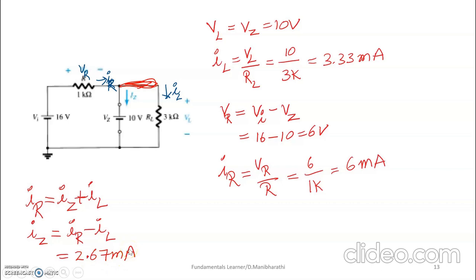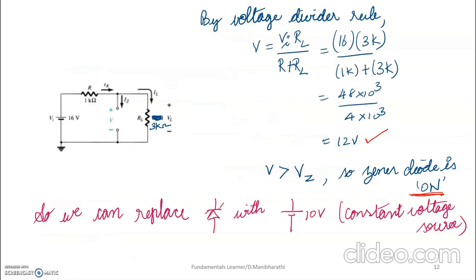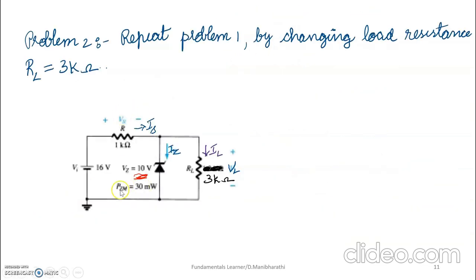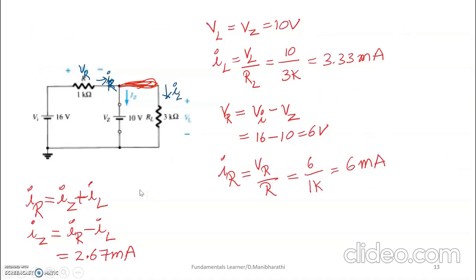So this circuit is operating as a voltage regulator, and I have found the required parameters. Now, an important thing: let us check the maximum power of this Zener diode. It is 30 milliwatt. This is additional information: PZ maximum of the Zener diode is 30 milliwatt.